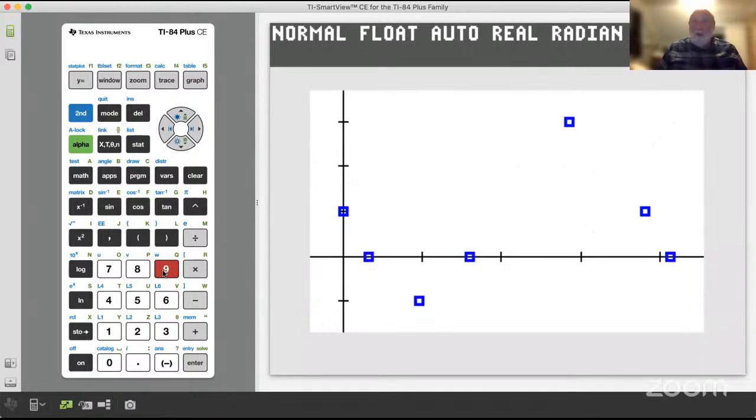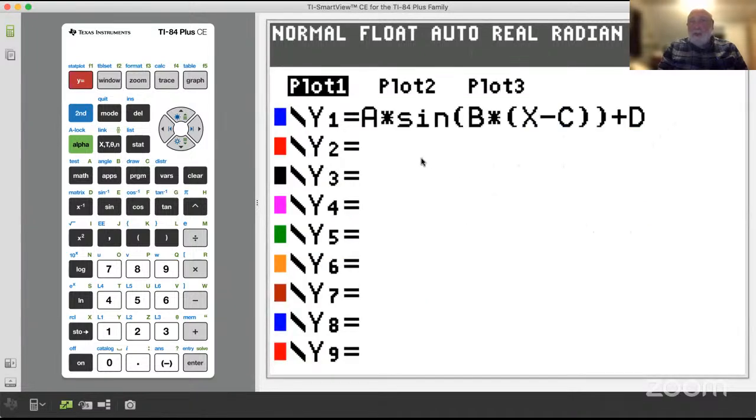So what we're after is to come up with a curve that will fit those points. Now, if I go to y equals, I've entered not a specific function with the values determined for the amplitude, but the form that was presented in the question itself.